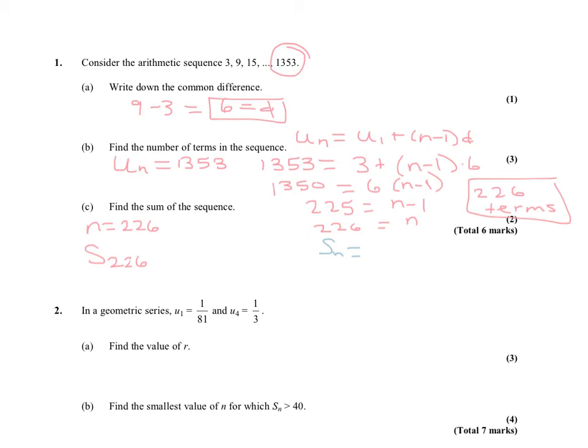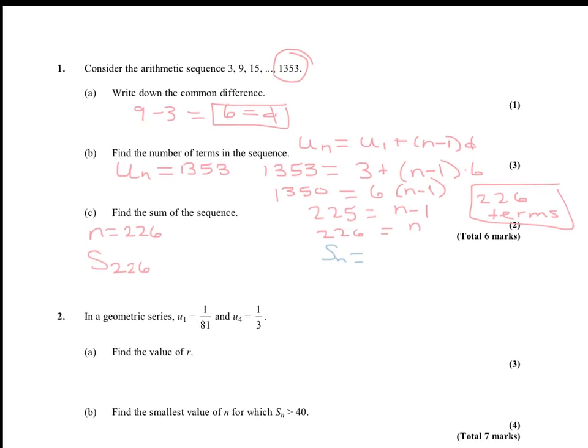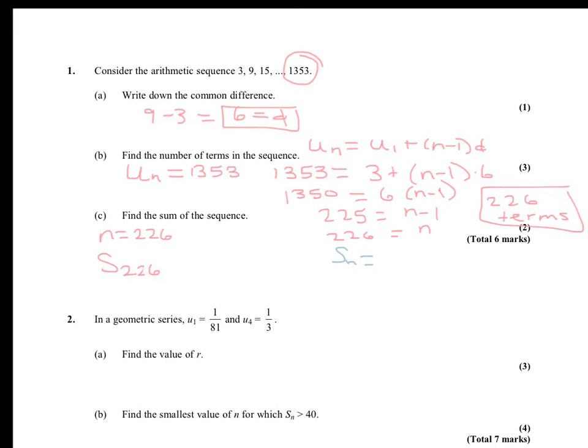In this case, since we do actually know what u sub 226 is, we may as well do the shorter equation, n over 2 times u sub 1 plus u sub n. So if we're trying to find the sum of 226, that's going to be 226 over 2 times u sub 1, which is 3, plus u sub 226. Well, the 226th term is 1353.